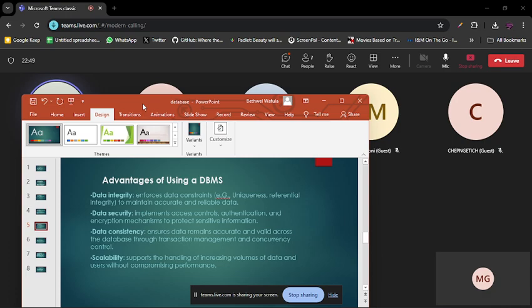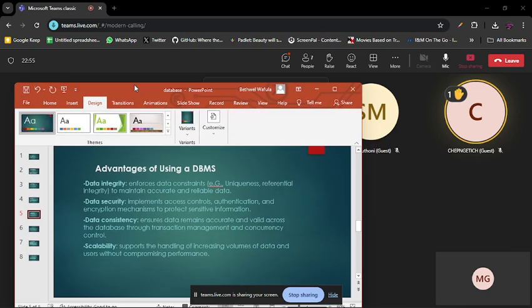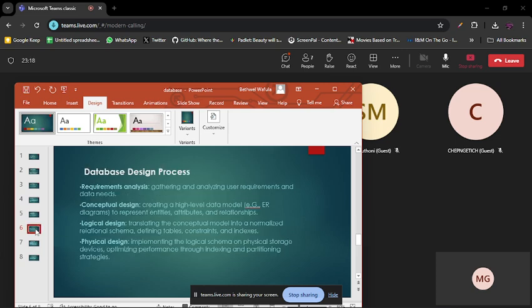It ensures data security. That's good. Chepngetich? It ensures that there is no inconsistency. Okay, that's a good suggestion also. So it ensures data integrity, data security, data consistency, and scalability. That's most of the advantages of the DBMS.